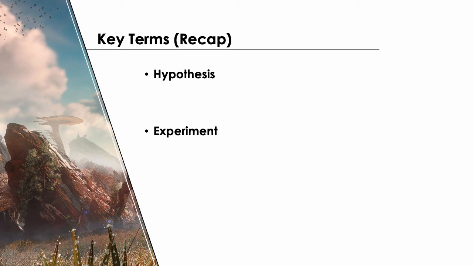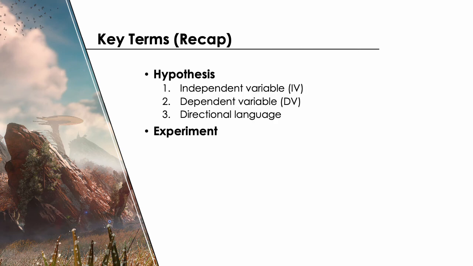For now, the key things you want to take away from this particular video are just the key components of a hypothesis and the key components of an experiment. And so for a hypothesis, the three key components we're going to think about is that it has an independent variable, it specifies a dependent variable, and it specifies directional language between those variables.